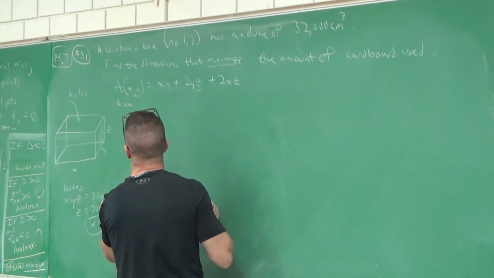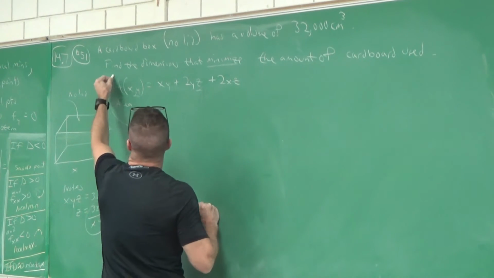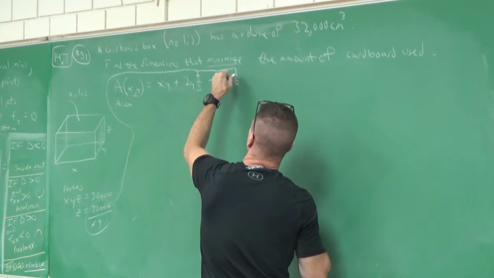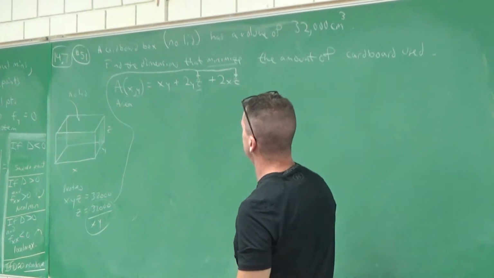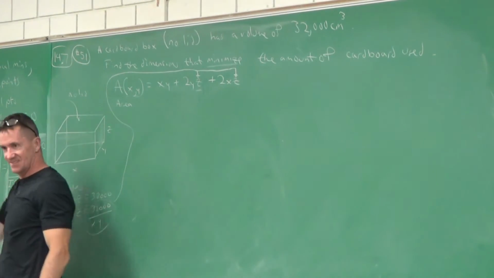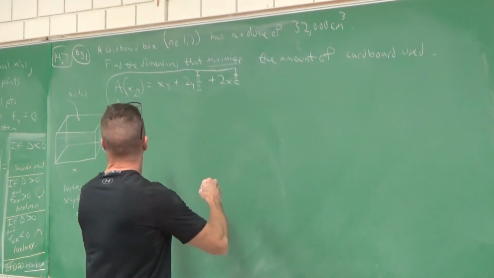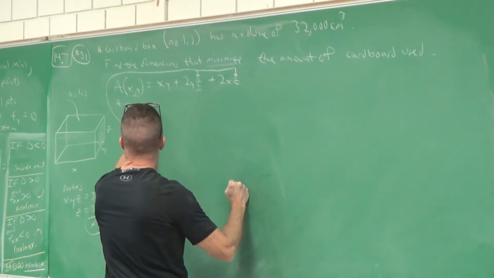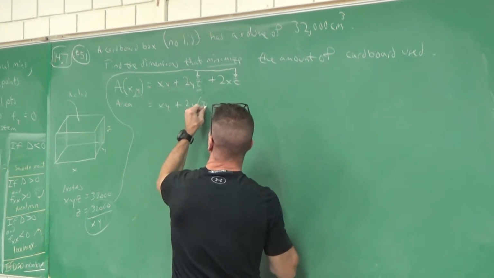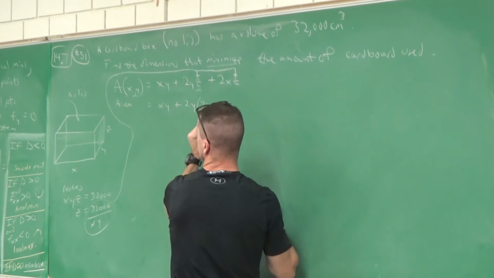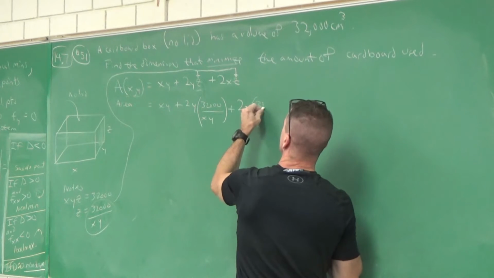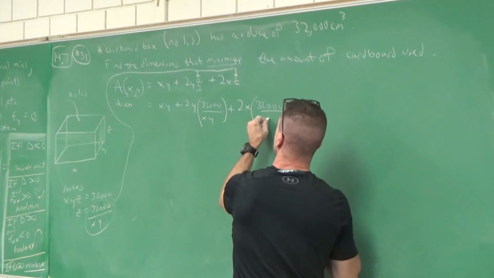Go ahead, substitute. Here it goes. I'm going to put that right there, and there too. I haven't even gotten to the next part yet. We just have to get it all in terms of two variables. So now I have area equals xy plus 2y times 32,000 over xy, plus 2x times 32,000 over xy.